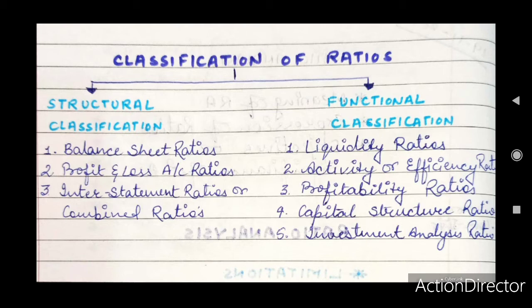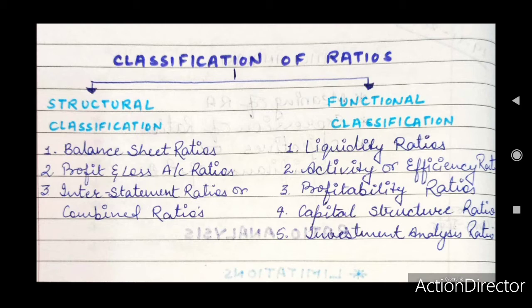These ratios are also called income statement ratios or operating ratios. Examples of such ratios are gross profit ratio, net profit ratio, operating ratio, expenses ratio, stock turnover ratio, etc.